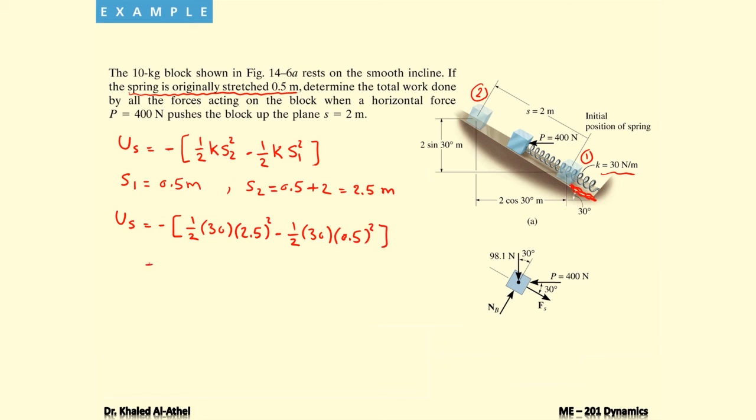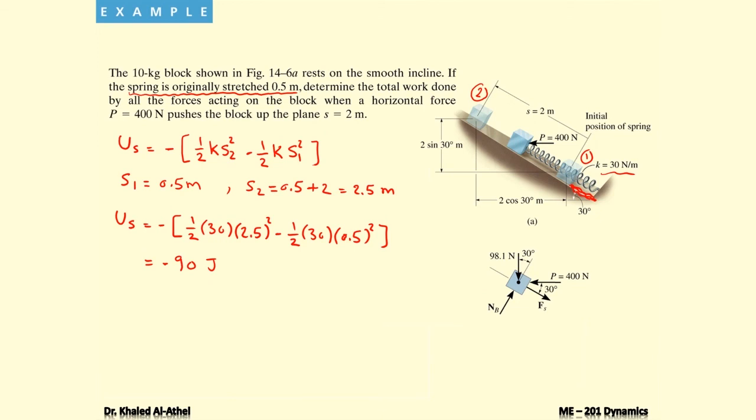Close this bracket. If you carry out the calculations, you end up with minus 90 joules. And this is the work done by the spring force.